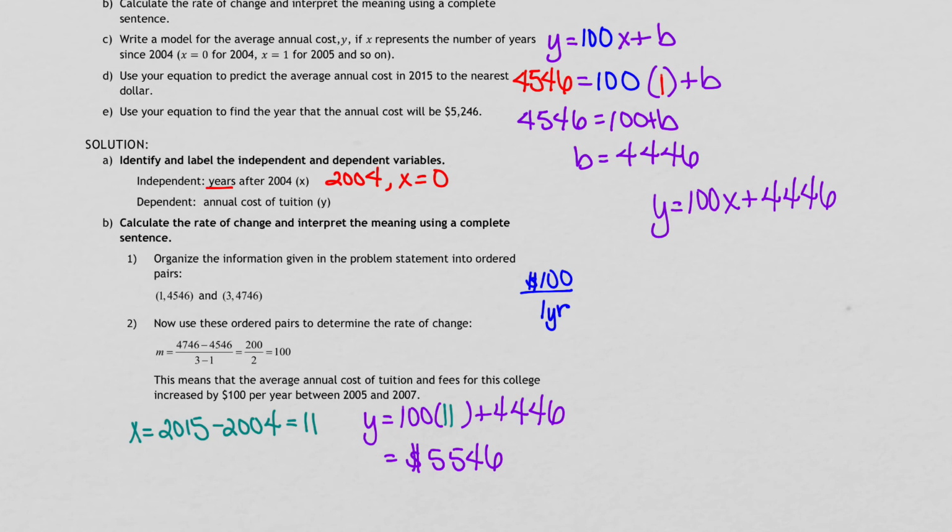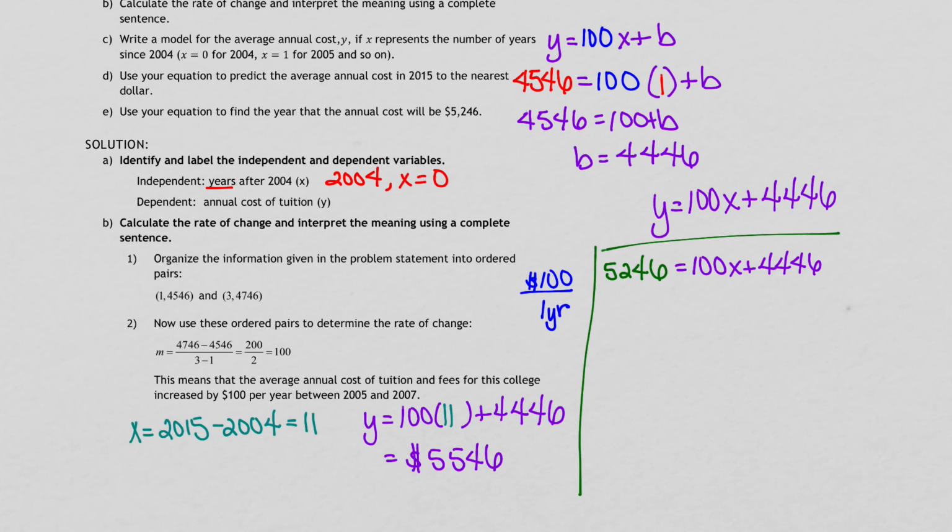And then last it says use your equation to find the year that the annual cost will be $5,246. So the money is the y value, so we're going to plug in for y this time and solve for x. 5,246 minus 4,446 is 800.